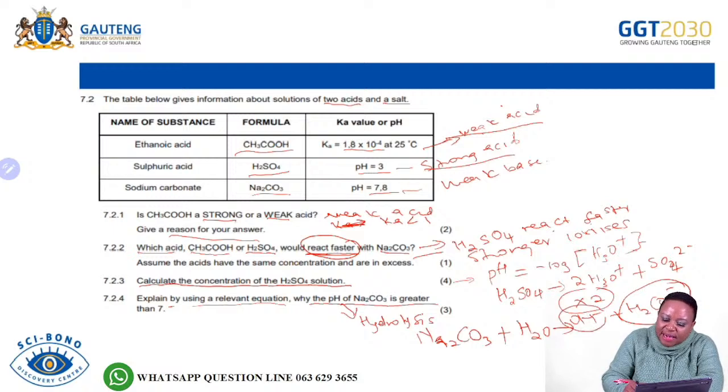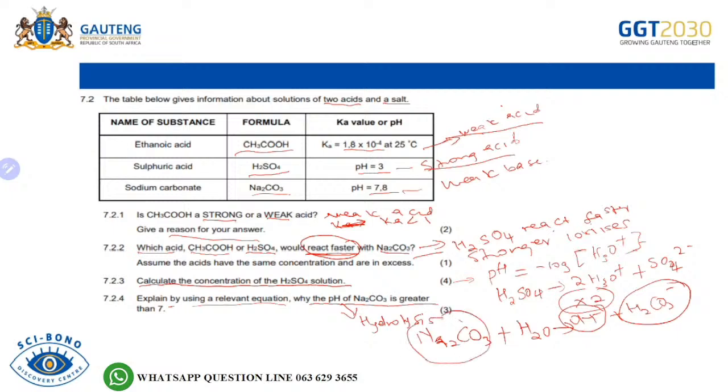As the OH minus ions are formed, we know that this is going to be our weak base. So you complete this by making sodium carbonate react with water to see that hydroxide ions are formed, and you will know that it is definitely a base.